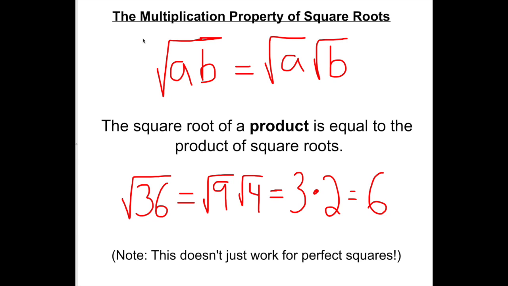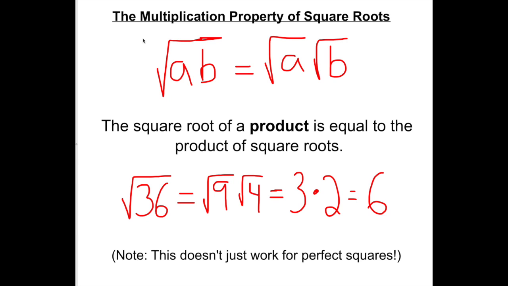The square root of a times b is equal to the square root of a times the square root of b. Verbally, the square root of a product of two numbers is equal to the product of the square roots. As an example, we know that 36 is equal to 9 times 4.